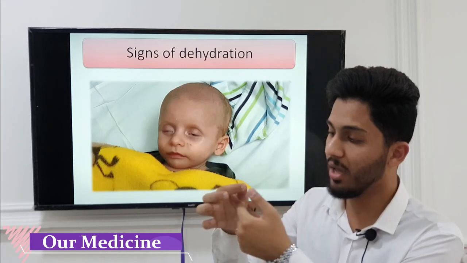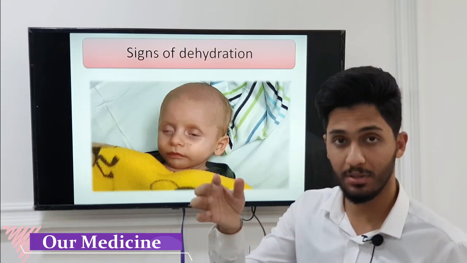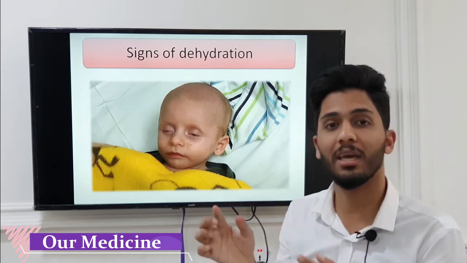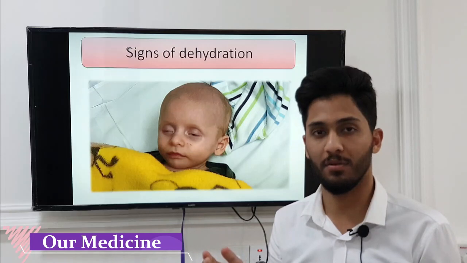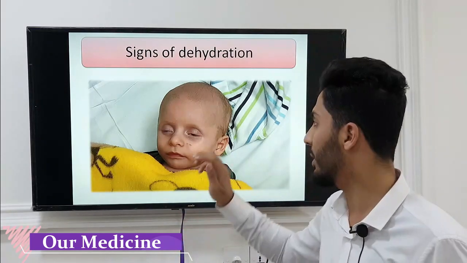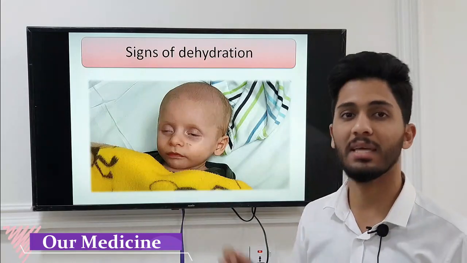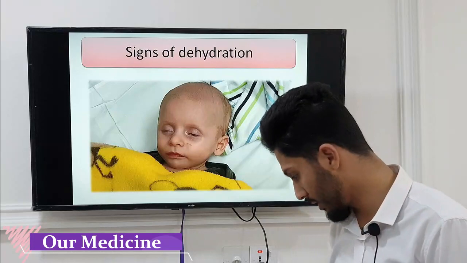When I take off my finger, the blood supply returns again within 2 seconds. This is the capillary refill, and also the skin turgor. This is examined in the abdomen. Poor skin turgor is also a sign of dehydration.